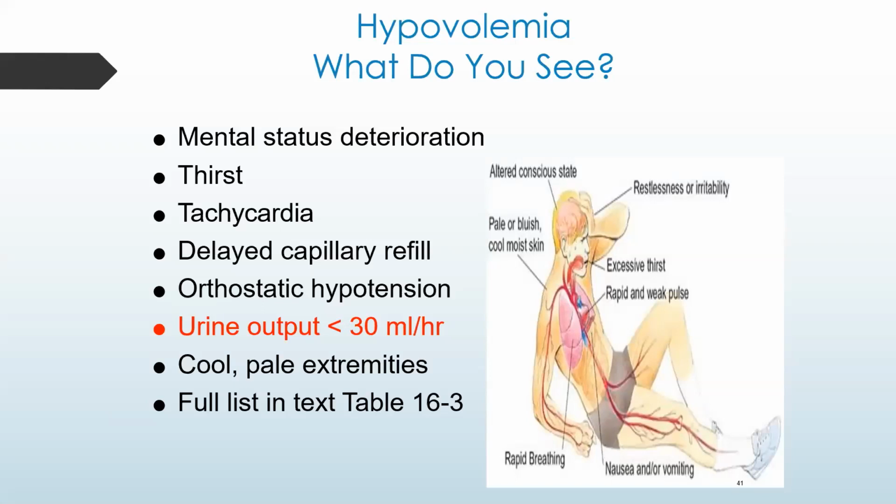When checking orthostatic hypotension, the patient may become dizzy or lightheaded due to the decreased blood flow to the brain. Respiratory, tachypnea, in order to maintain oxygen delivery due to low volume. Renal, we'll see decreased urine output below 30 mL per hour because of decreased perfusion to the kidneys.